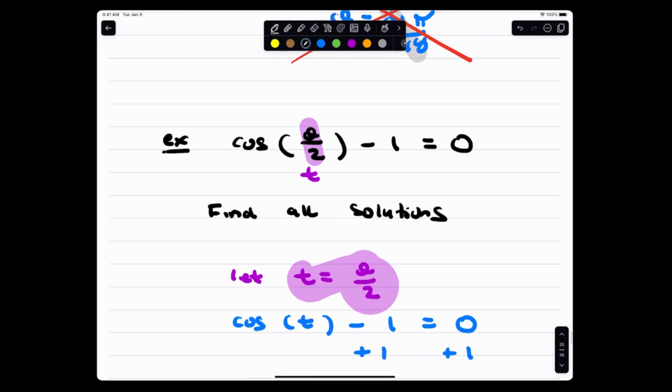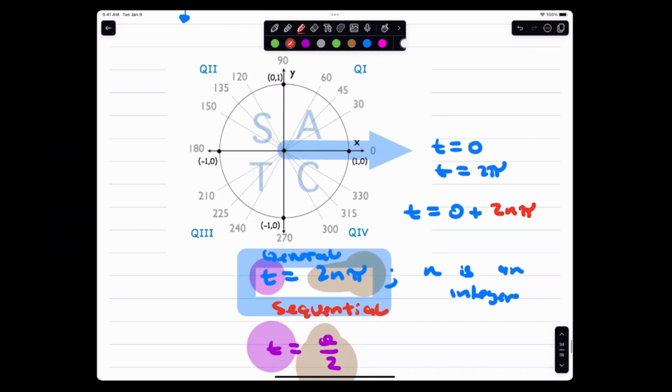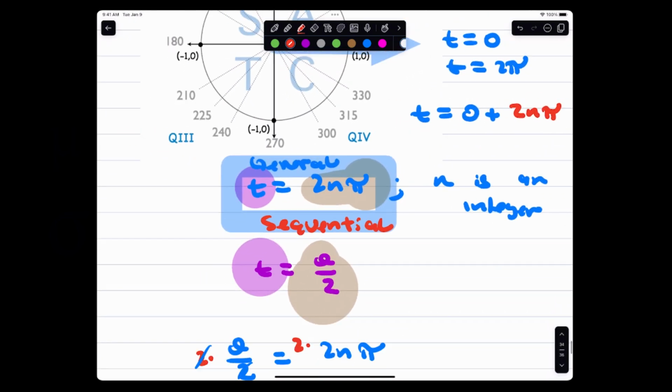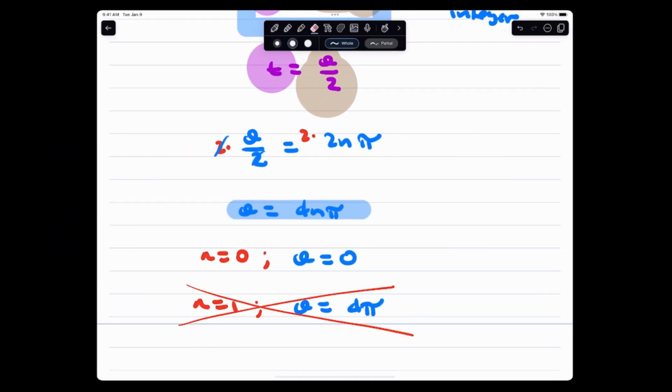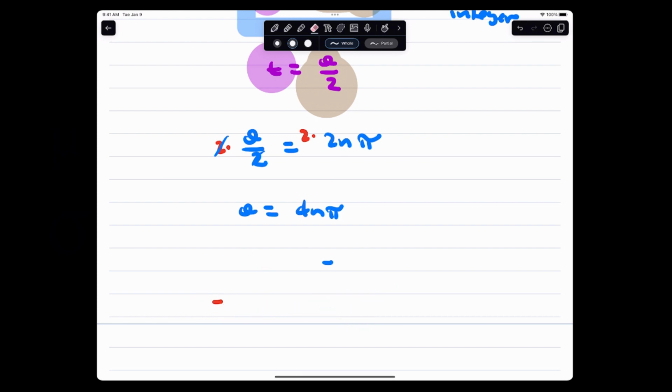All solutions is code for the general solution. So here, you'd be done right here. You're done right here. You wouldn't need to start looking for particular solutions. You're done.